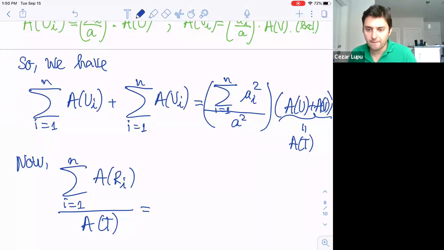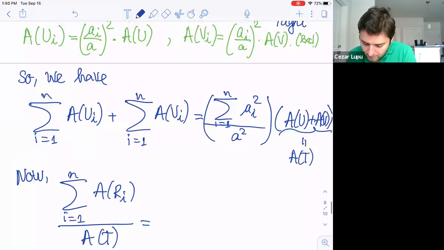What is this guy? You know what? Just for the sake of computations, we can assume that A is 1 if you want, or anyway, it doesn't really matter. So the sum of A of Ri will be what?